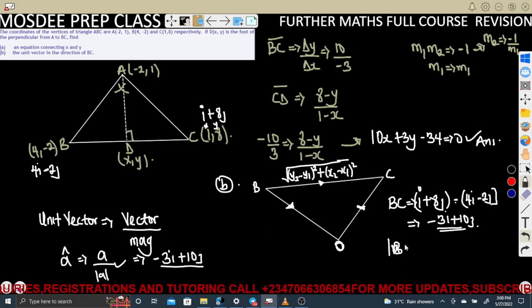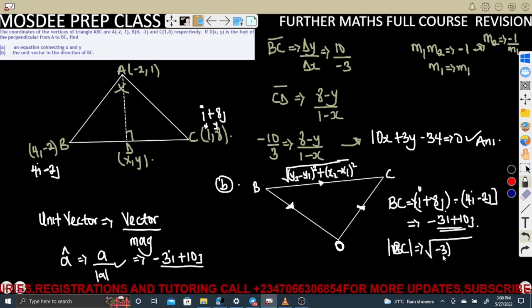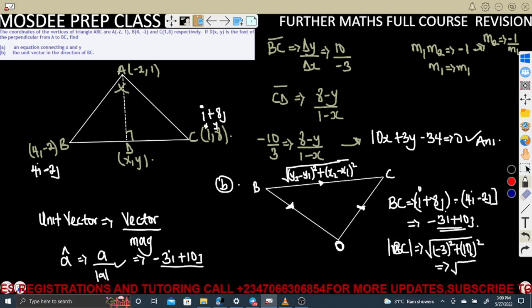The magnitude of vector BC will be equal to the square root of the square of minus 3 and that of 10. So that is the square root of 9 plus 100, which is 109. So please note that the magnitude of the vector is root 109.